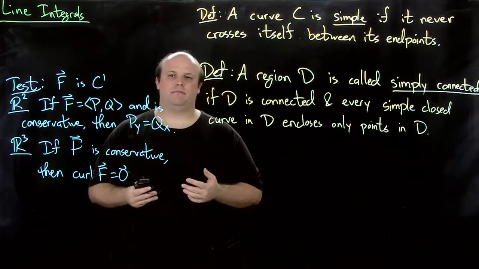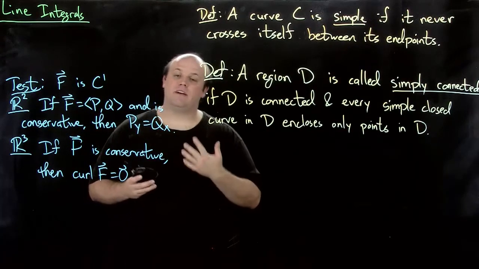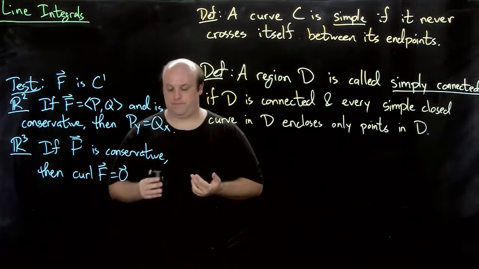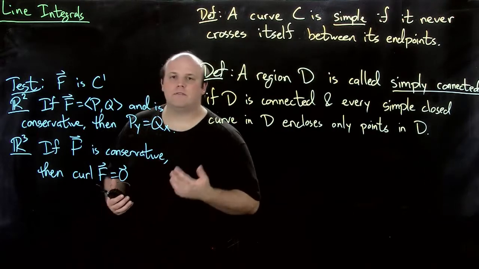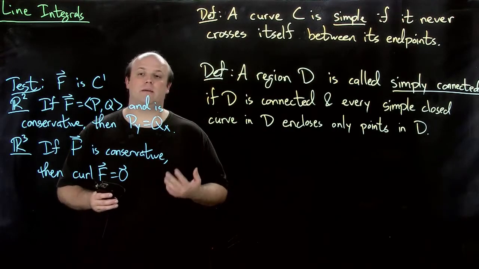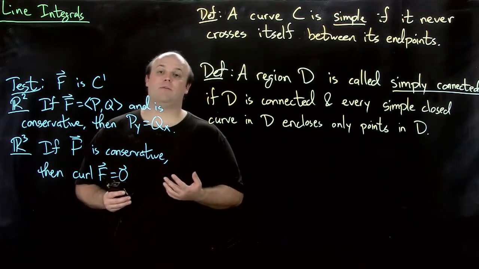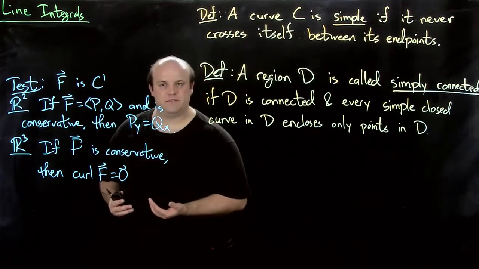We're trying to figure out conditions for a vector field being conservative, right? So what we've done so far, we can come up with a test to decide whether a vector field isn't conservative.